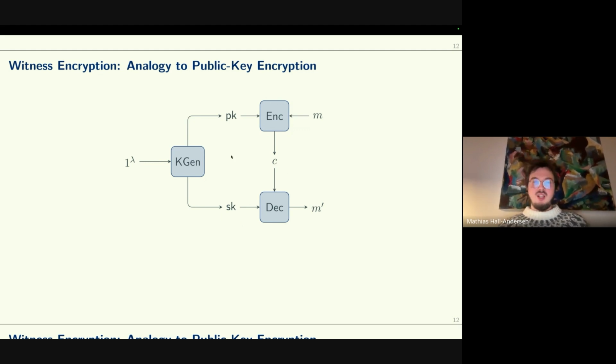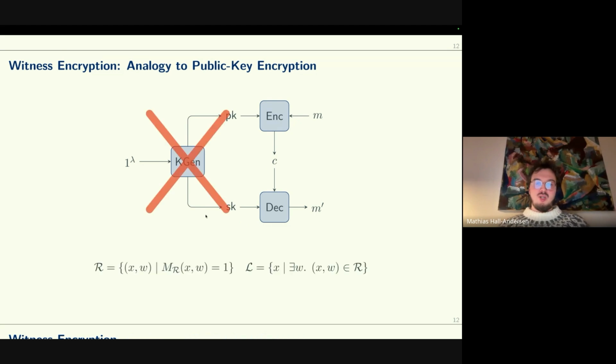This is hopefully not new to people. So what witness encryption says is, what if you don't have a key generation algorithm? What it instead says is that as your public key, you're going to be using some statement. So you're going to have some NP relation. And your public key is basically going to be a statement, and your secret key is going to be some witness.